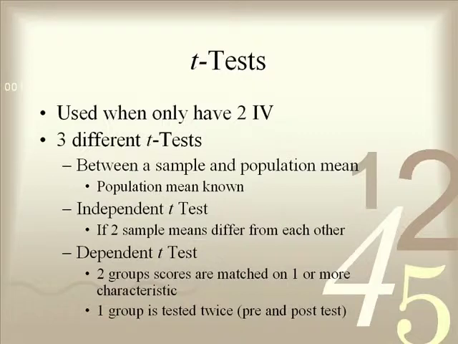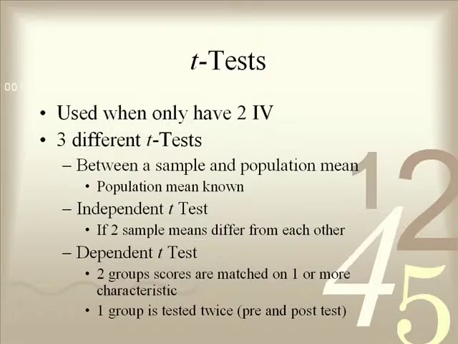We use a T-test when we only have 2 independent variables. Again, I'm going to try to give you an example of a T-test in just a little bit. So let's just go over an overview of this, and I'll give you an example.